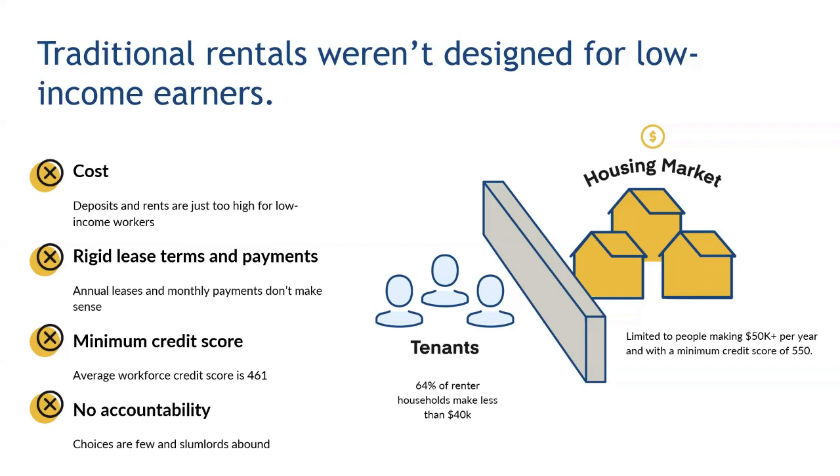So there's a large segment of the population that doesn't have many options. What typically happens is they end up in extended stay hotels or motels, which give them the flexibility to make weekly or even daily payments based on their pay schedule.